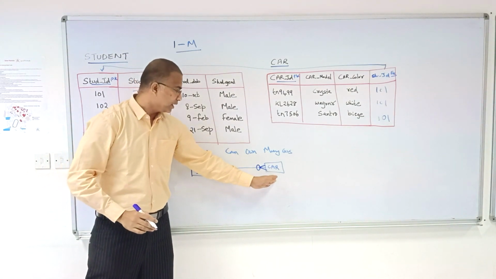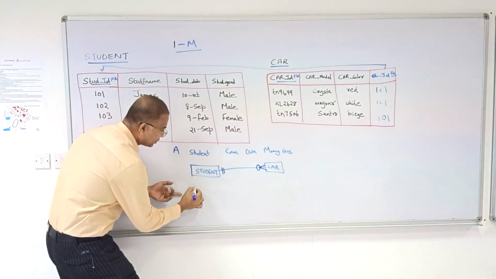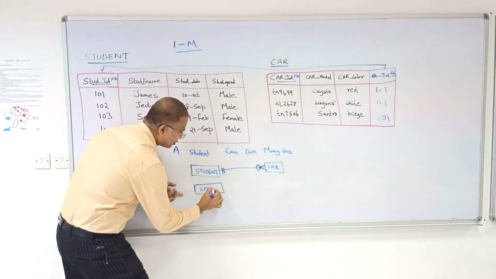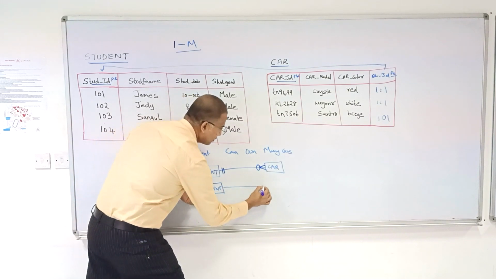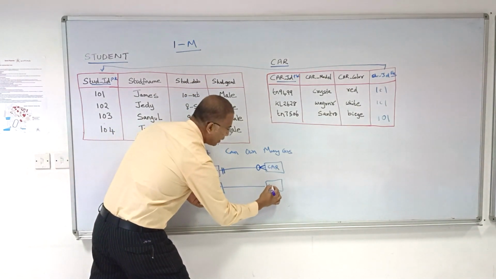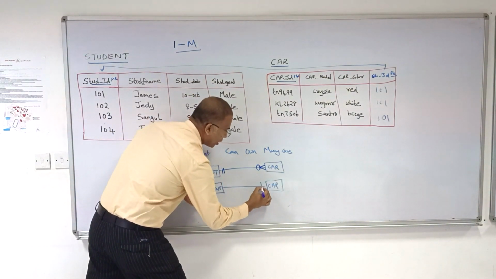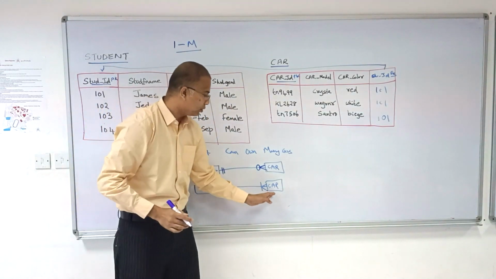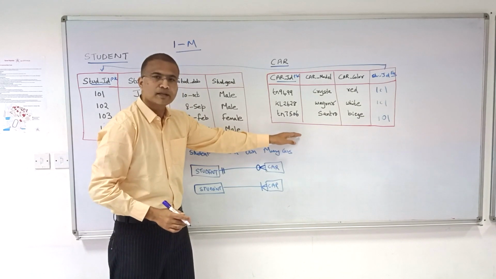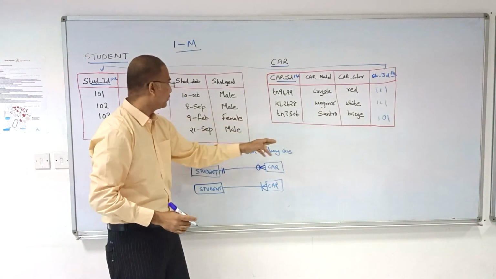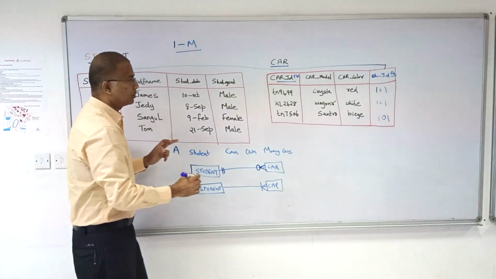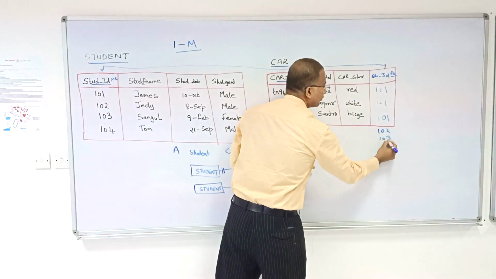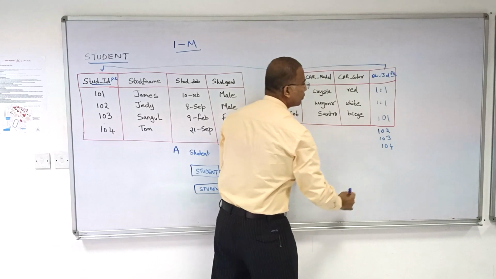Now if you are going to have the relationship as student and car, and you have this as one or more, you can make this table reliable by having entries: you should have a car for 102, you should have a car for 103, you should have a car for 104.